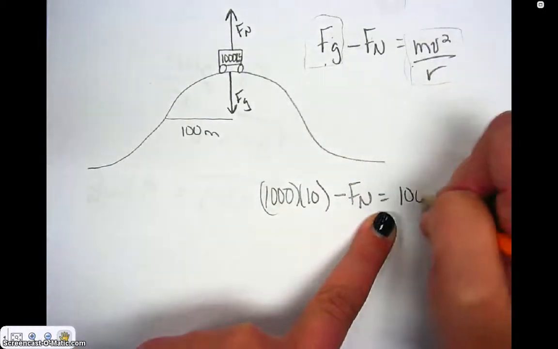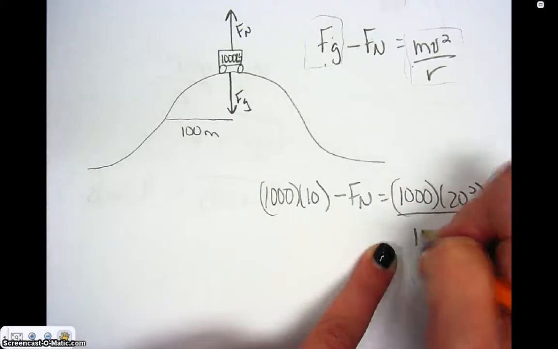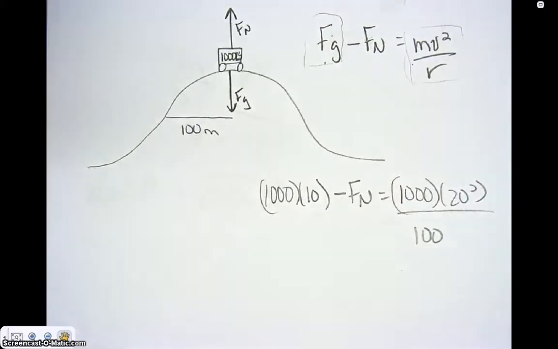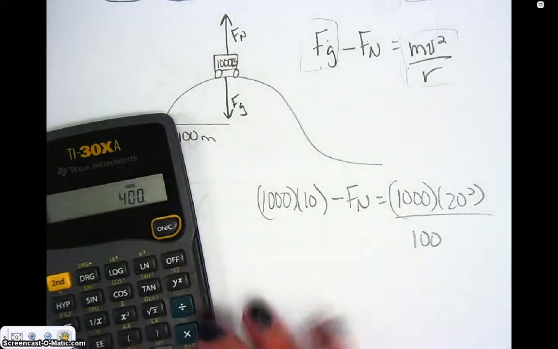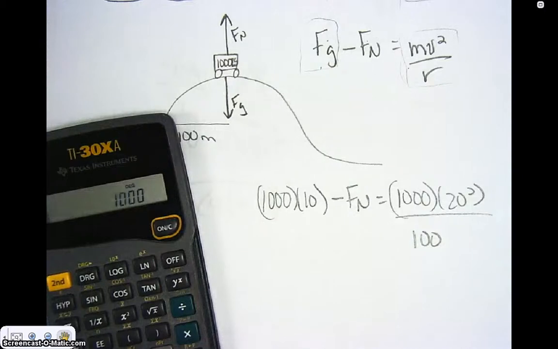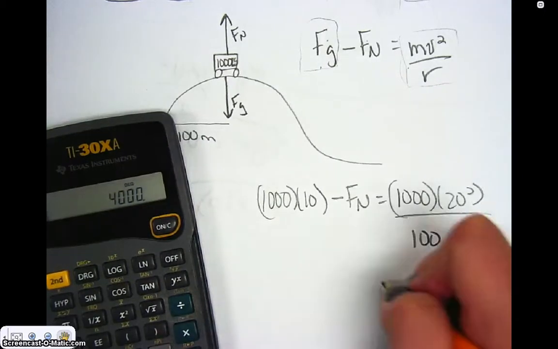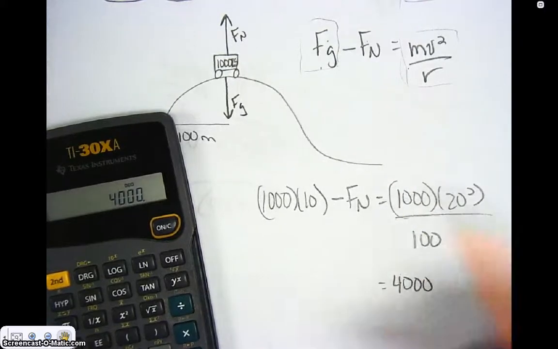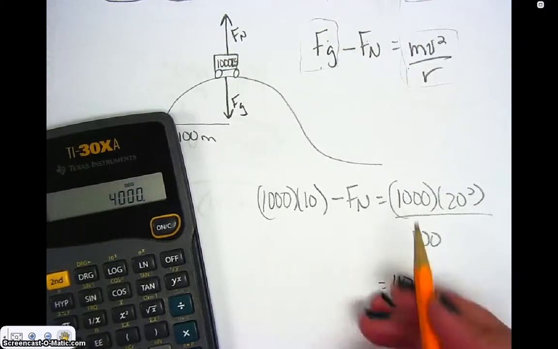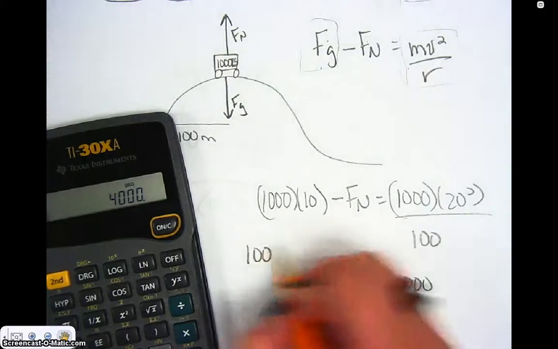So 1,000 times 20 meters per second squared over 100. 20 squared times 1,000 divided by 100 gives 4,000 on one side, and on the other side I have 10,000.